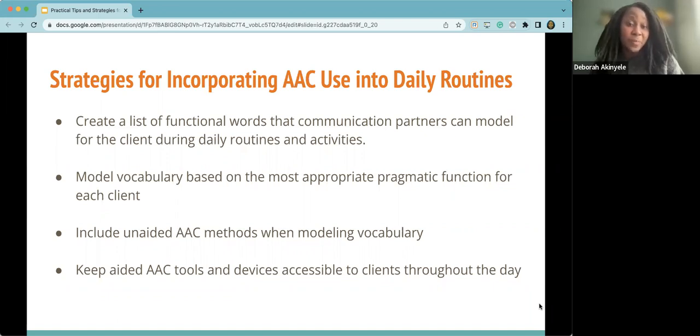And again, thinking about including unaided AAC methods when modeling vocabulary using a device is really helpful, just because one of the most important aspects of learning as a whole is that we learn more and we learn better, and it sort of sticks better when we receive information through multiple channels.